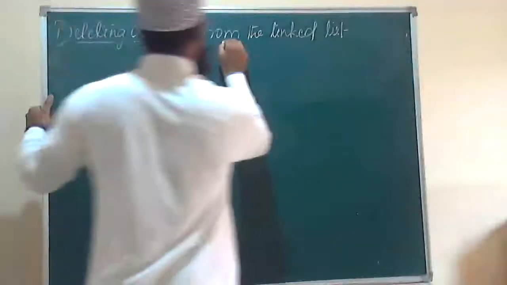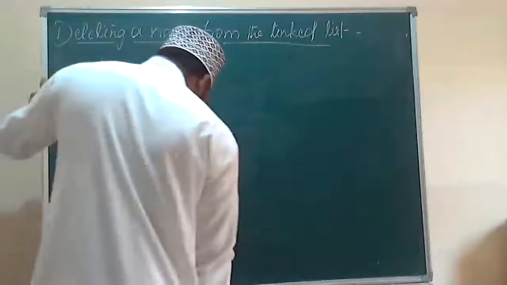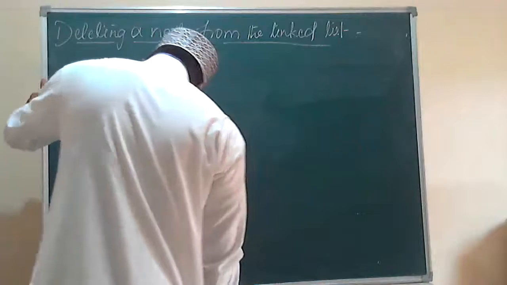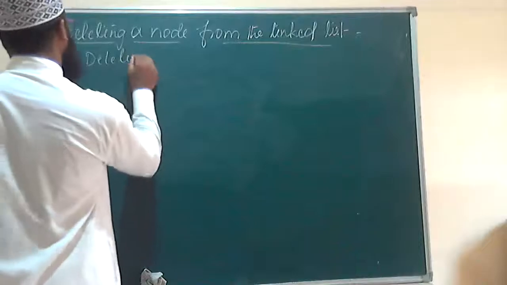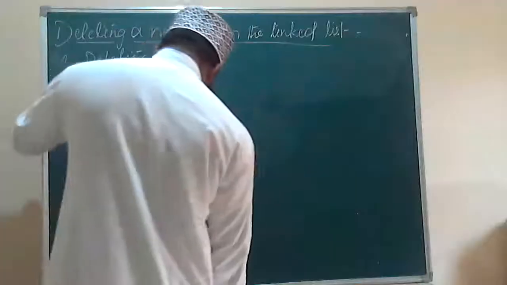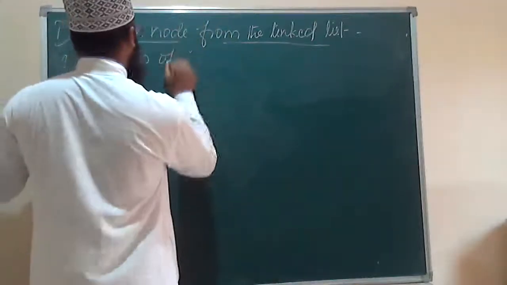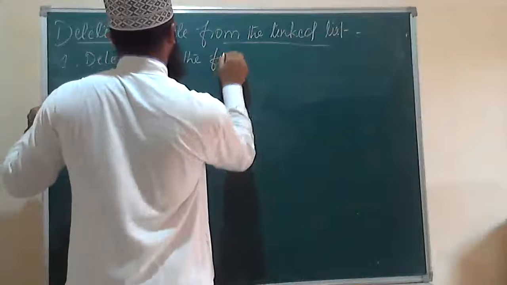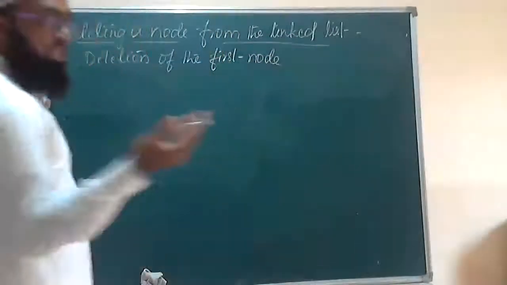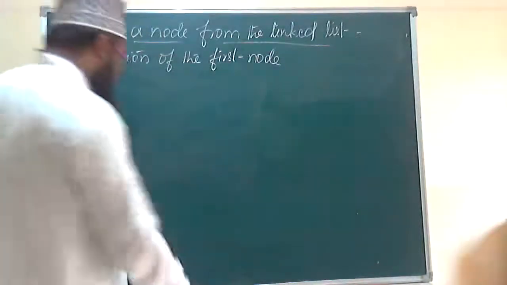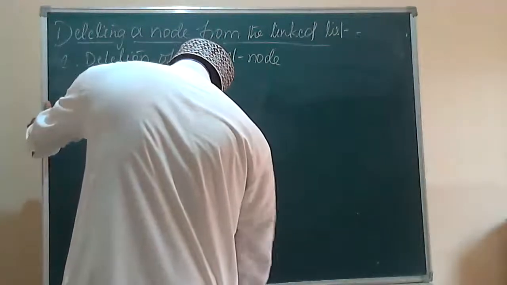Deleting a node at the beginning, we can make simple as deletion of the first node. That means deleting a node from the beginning of the linked list. Let us see how we can delete the first node.